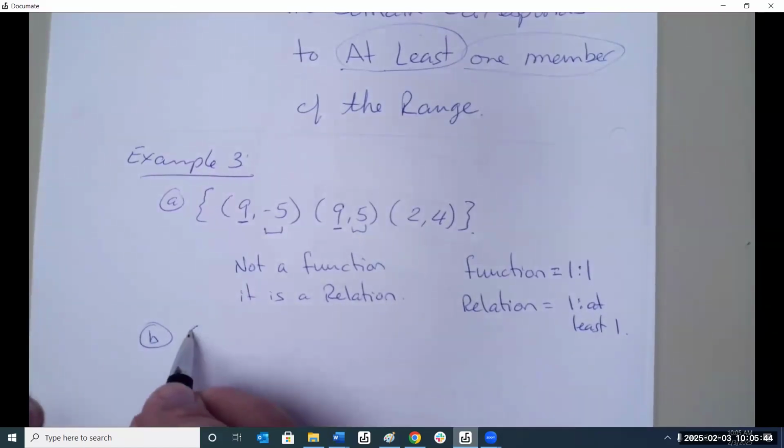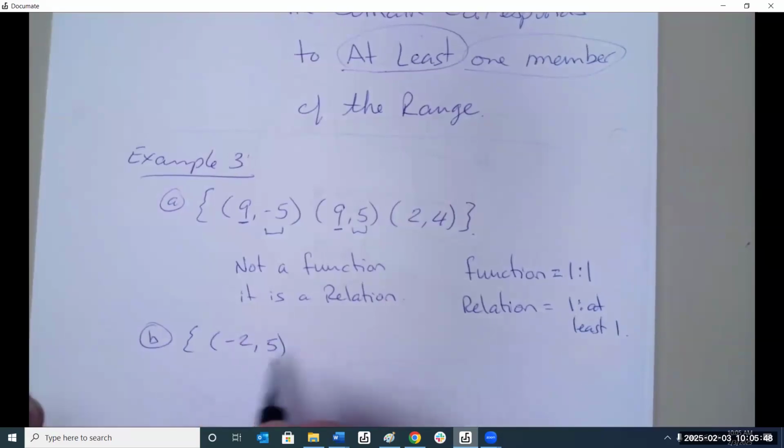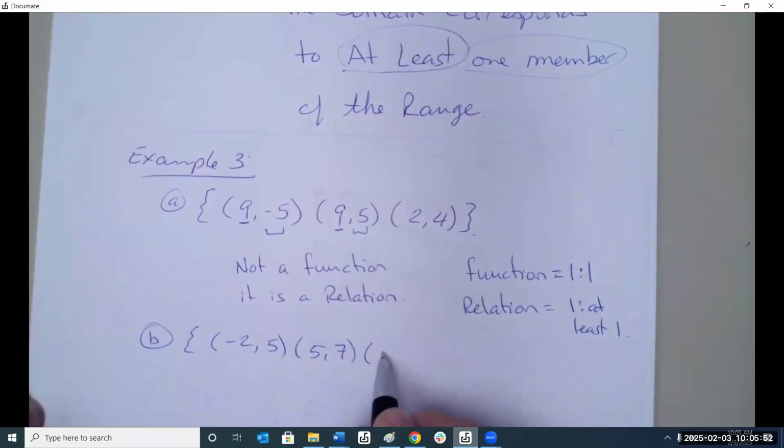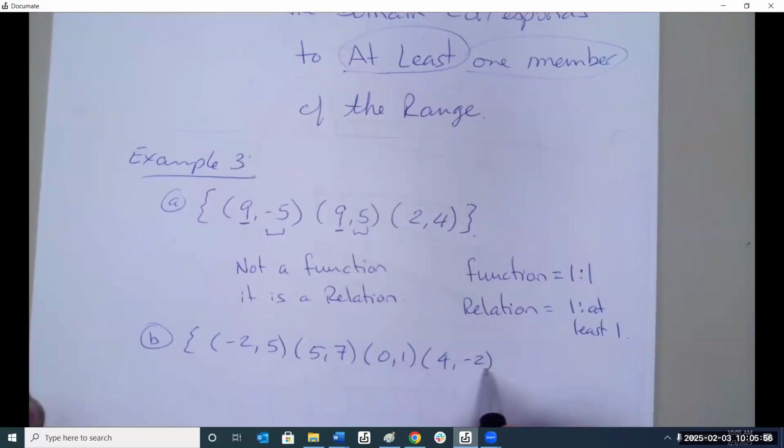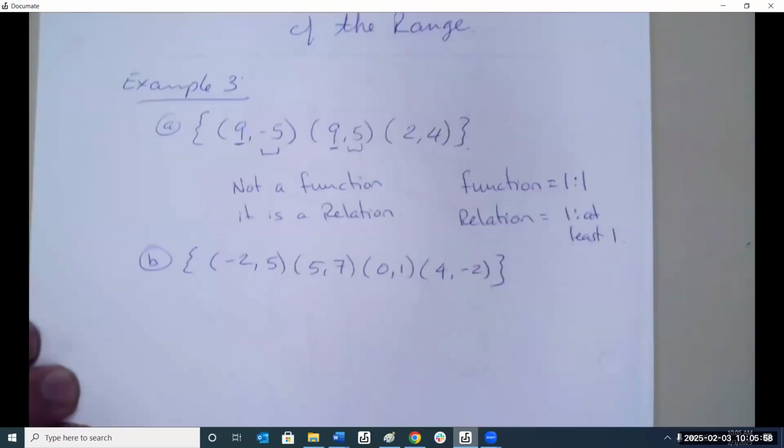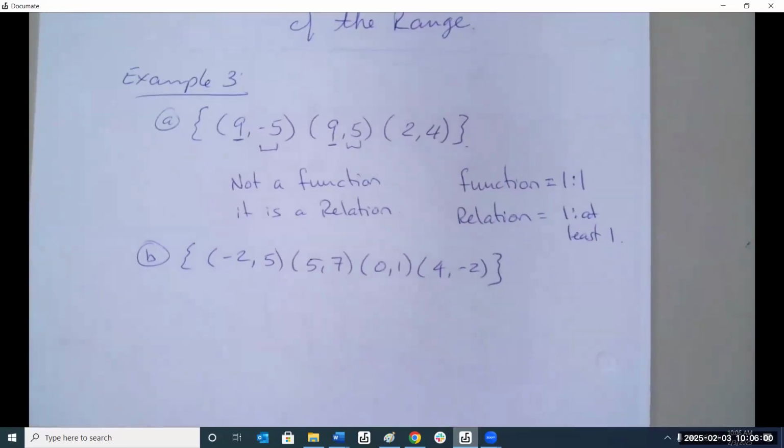The next one. -2, 5. 5, 7. 0, 1. 4, -2. Is this a function? First off, is it a relation? Yeah, that's pretty much safe to say yes. Is it a function? How can we tell?